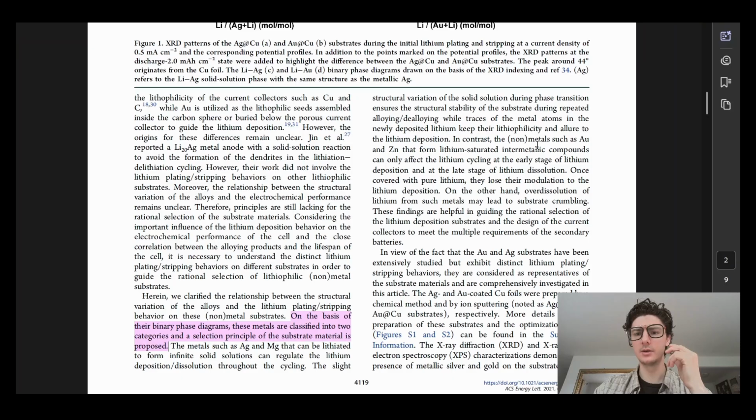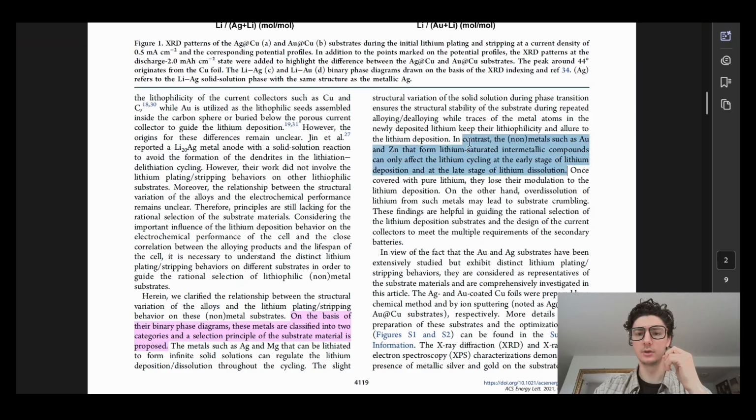In contrast, the nonmetals such as gold and zinc that form lithium saturated intermetallic compounds can only affect the lithium cycling at the early stage of lithium deposition and at the late stage of lithium dissolution.